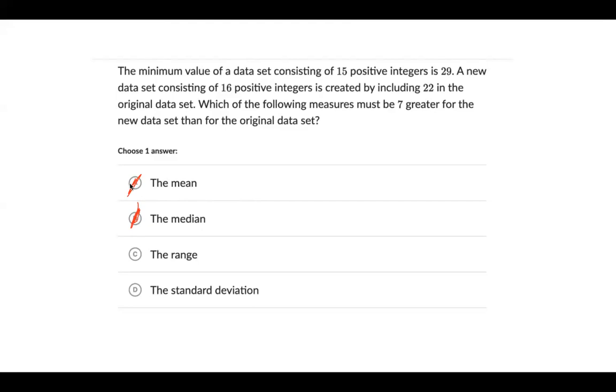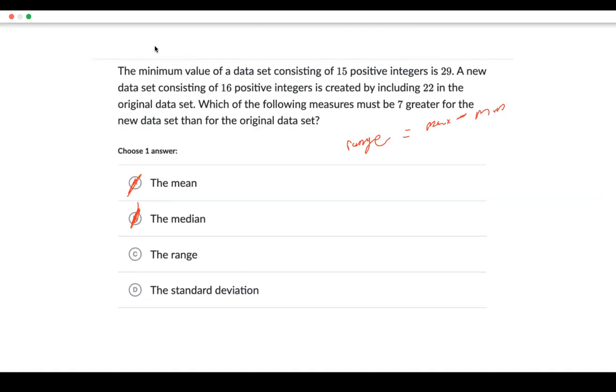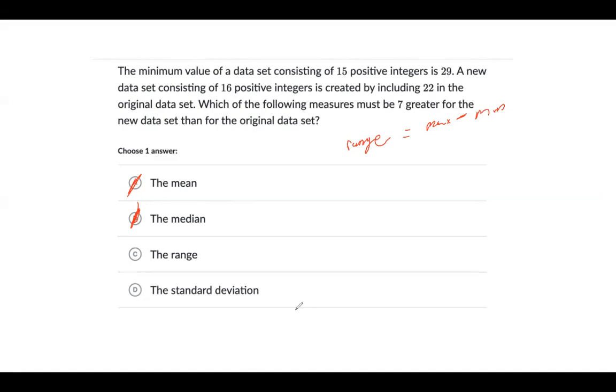C. The formula for range is maximum minus minimum, as we know. Range equals max minus min. The minimum value of the new data set is 22 and the minimum value of the old one is 29, so the difference is 7.